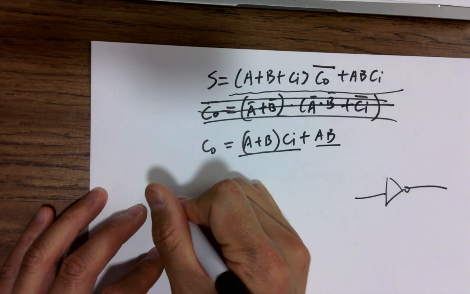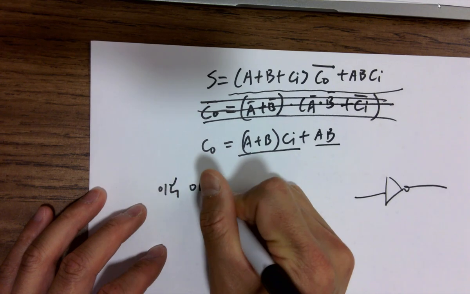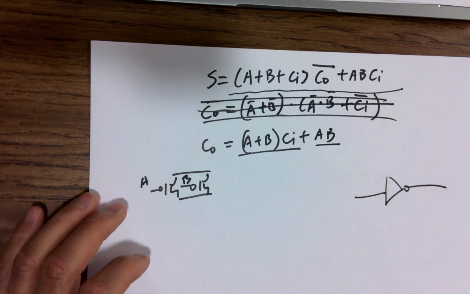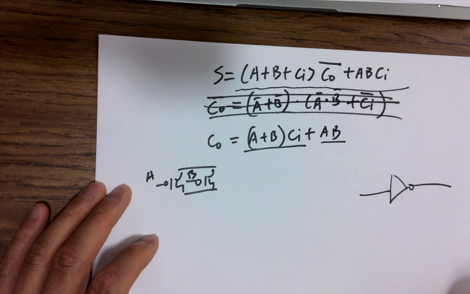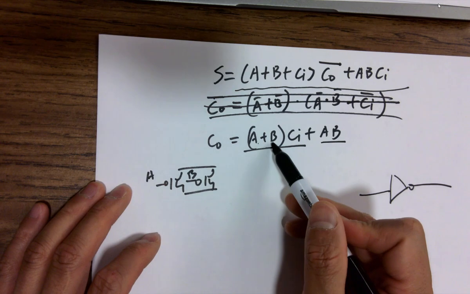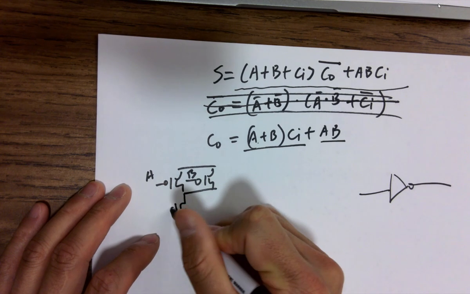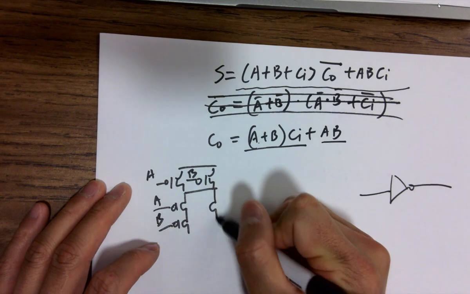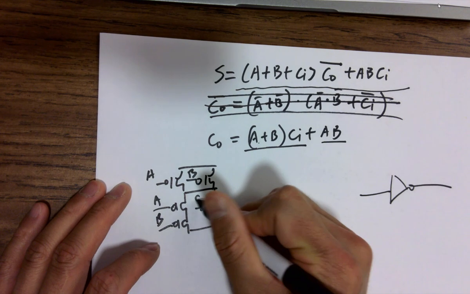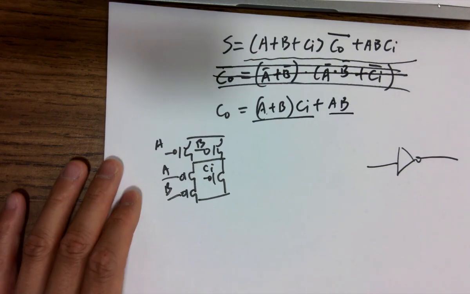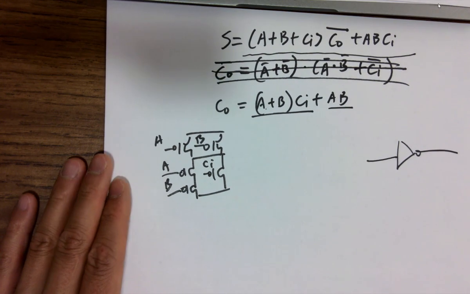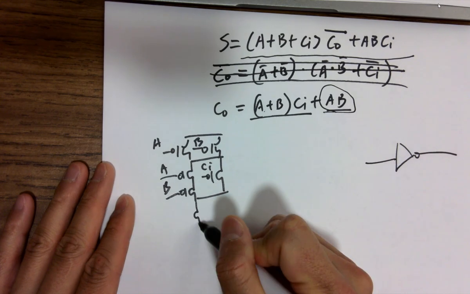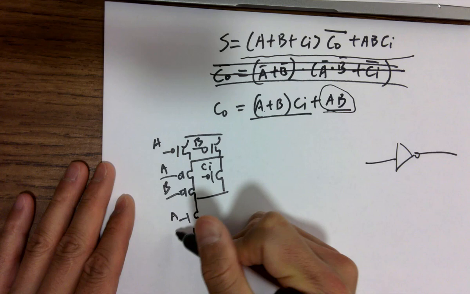Right, and these two, the OR logic on the top, so they should be in series. This is A, B, and here's the CI. And this is AB in series.